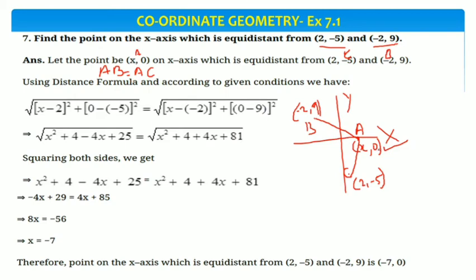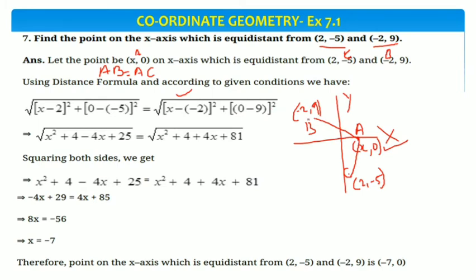Now length of AB. This length AB we can find by distance formula. Suppose this is our x1 y1, this is our x2 y2. So now using the distance formula for AB, it will be x minus of minus 2 means x plus 2, whole square plus 0 minus 9 whole square.